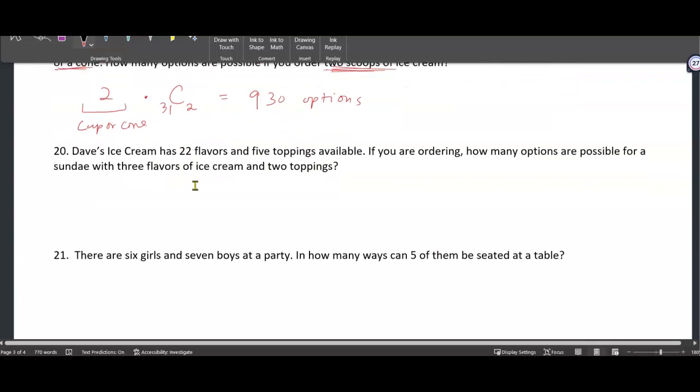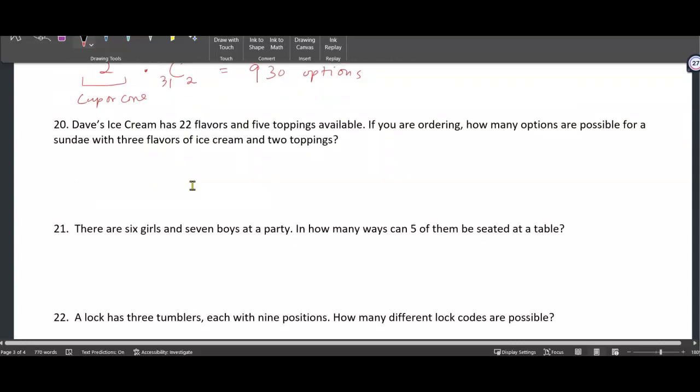Okay, so similarly, number 20, we have to choose the ice cream flavors first before we can make a sundae, right? You put the topping on later. And so again, there are 3 scoops of ice cream for the sundae. Which order you put the strawberry, vanilla, or chocolate, I hope the ordering does not play an important role here. You don't get mad if they don't put it in a specific order.